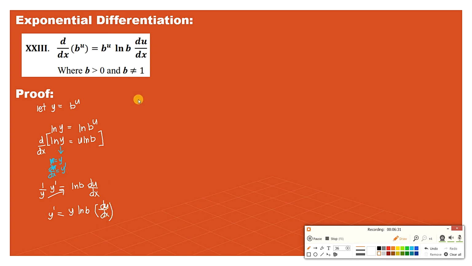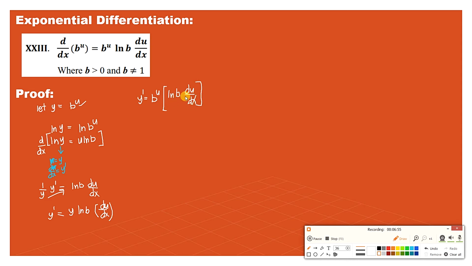So we have y prime, and what is our y? Our y is b raised to u. Yung du over dx sa huli na yan, kaya ln of b du over dx.